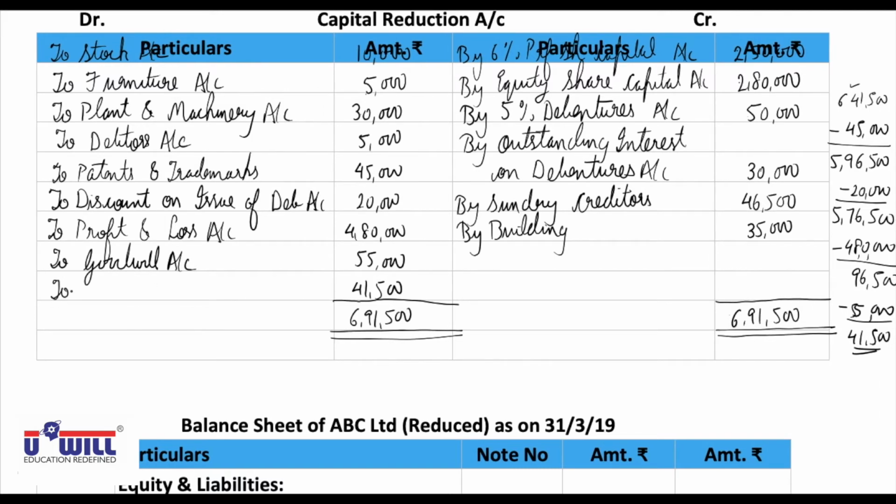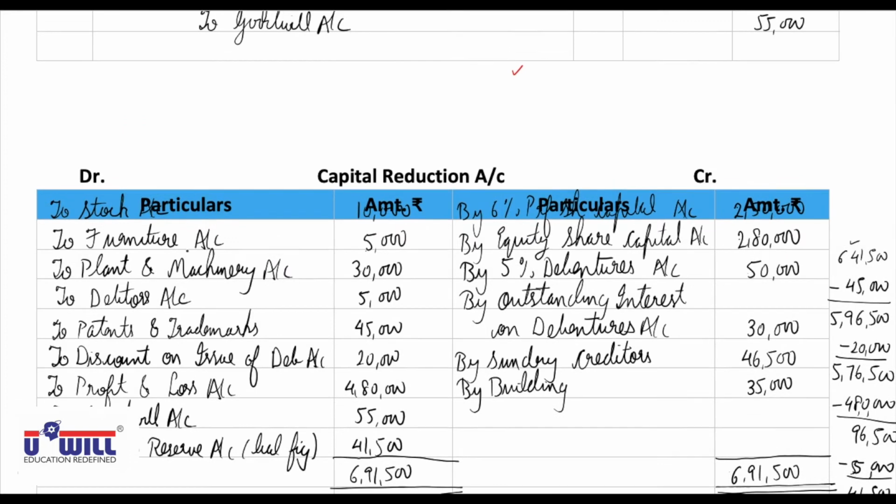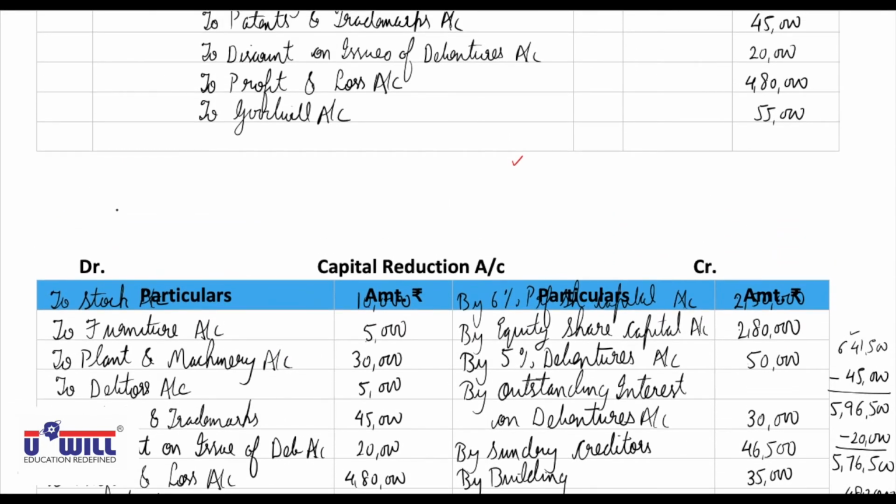So on the debit side you all will write to capital reserve account, in brackets balancing figure. Here also we'll write to capital reserve 41,500.